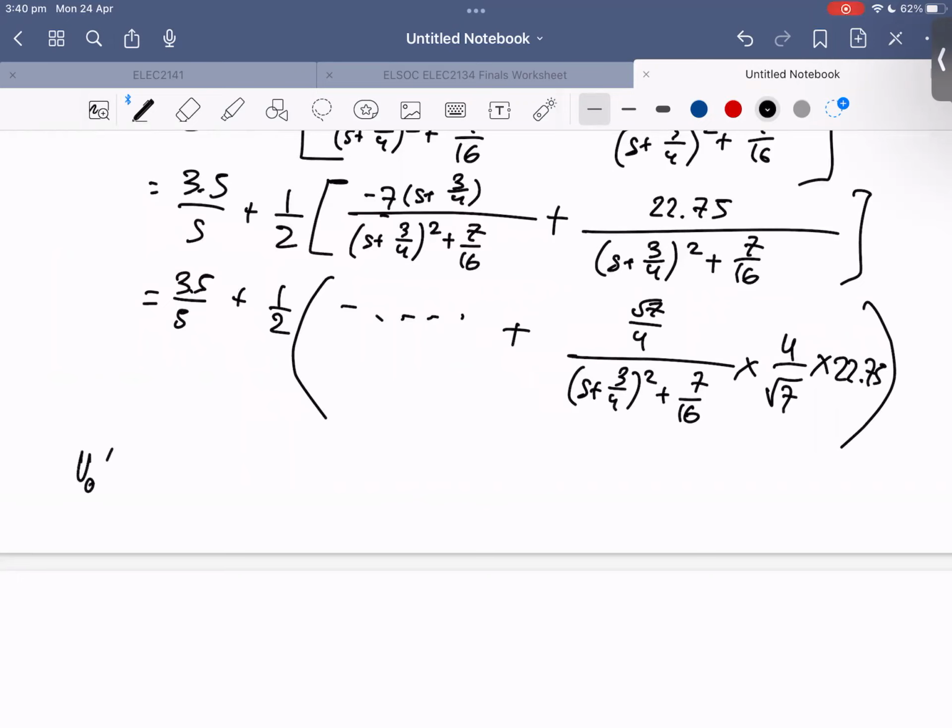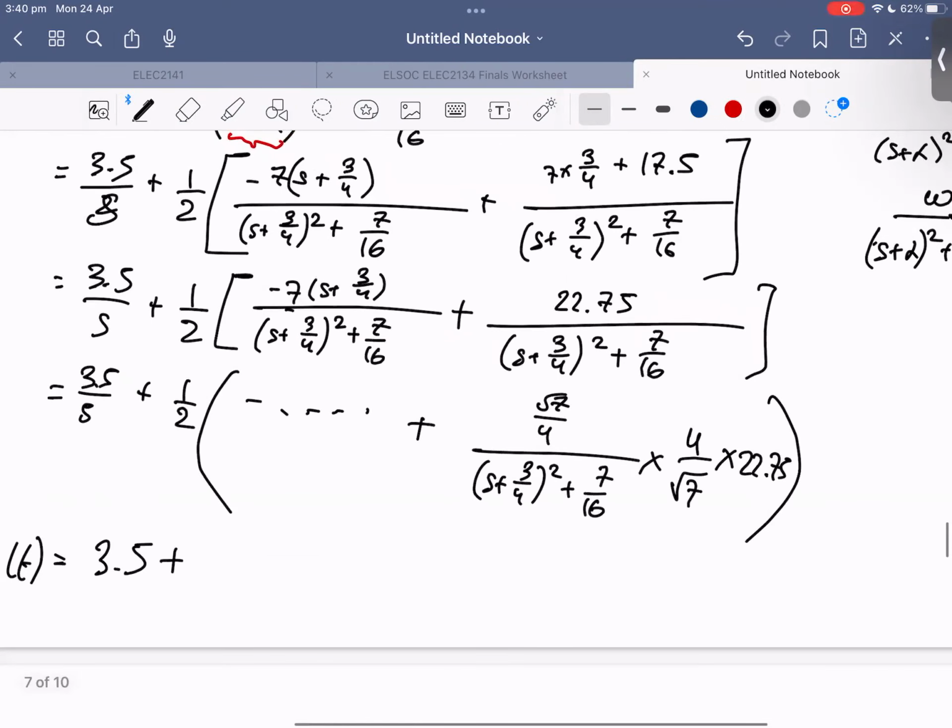So V0 of t is, 3.5 on S just transforms to 3.5 U of t. And the top here I have negative 7 e to the minus 0.75 t, right? 3/4 is 0.75.